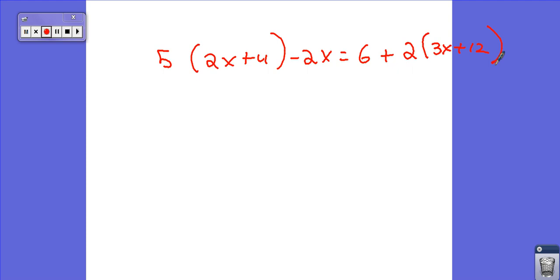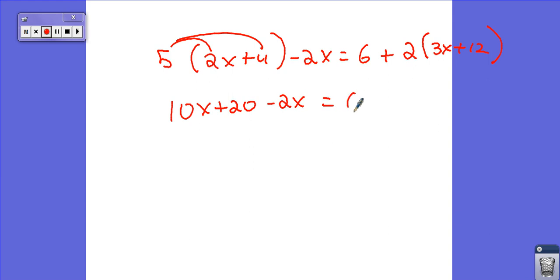And justify it. You tell me what my first step needs to be. If you do the distributive property, I would certainly do the distributive property. 5 times 2x and 4, so it's 10x plus 20 minus 2x equals 6 plus 6x plus 24.